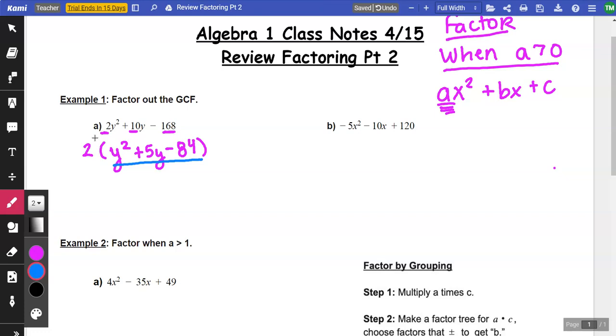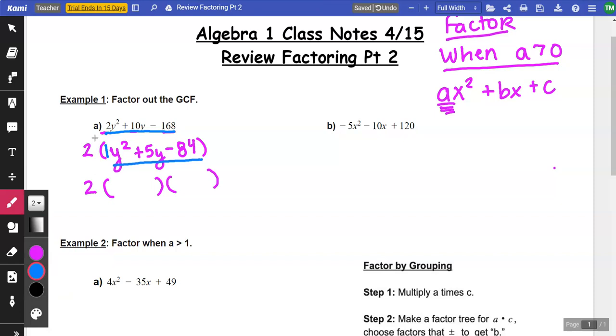So we know that 2 is a factor of the original polynomial that we started with, but can we factor this even further? So now in front of y squared, we have a coefficient of 1. So now that a is equal to 1, we can factor the way we normally do.